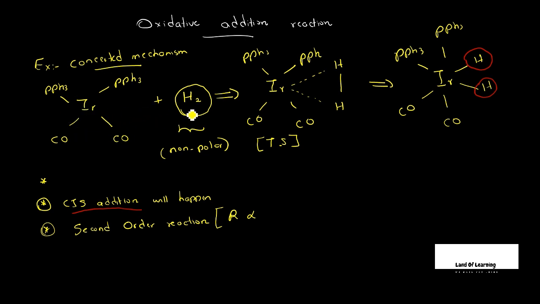Both take part in our rate determining step, because this is only a one step reaction, right? This is our basic reaction, and this is the transition state. That's why both reactants take part in the rate determining step, which makes the rate depend on both the hydrogen and our complex. So this is a second order reaction.